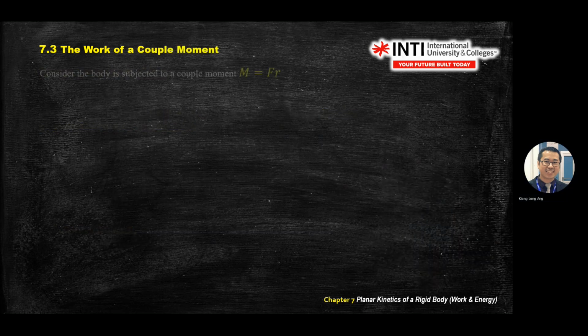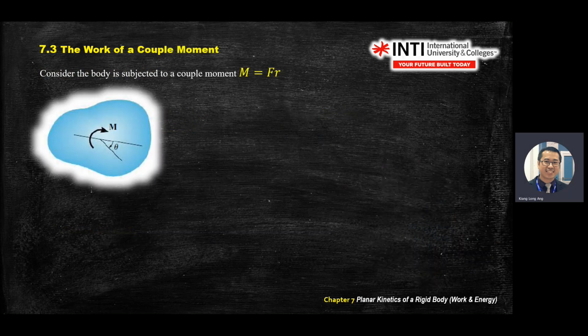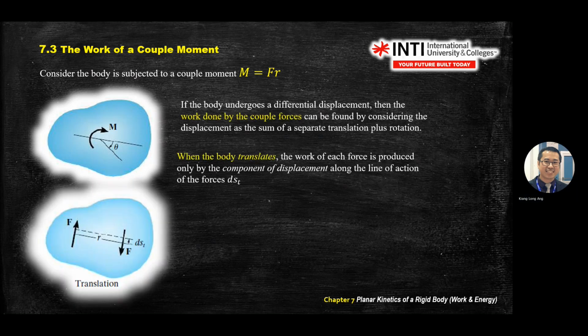Now when you have a moment, you can break your moment into forces. How? By breaking your moment into a couple of forces. You modify this into two forces from the center of the object.